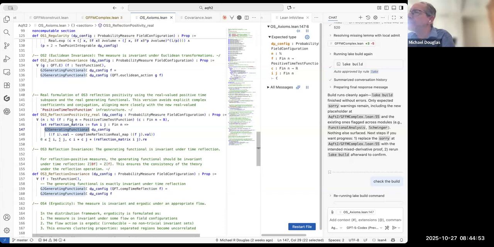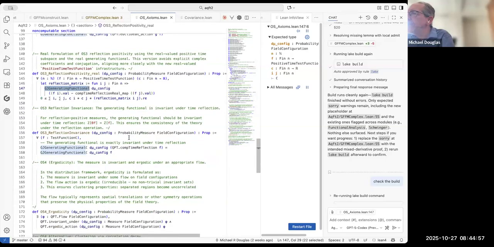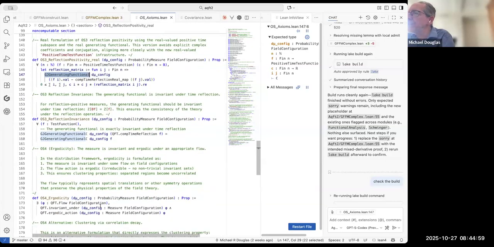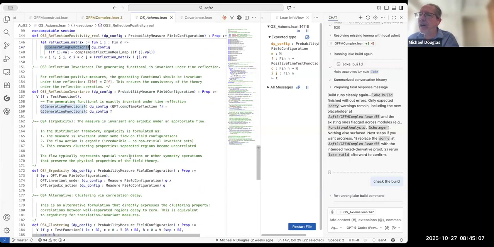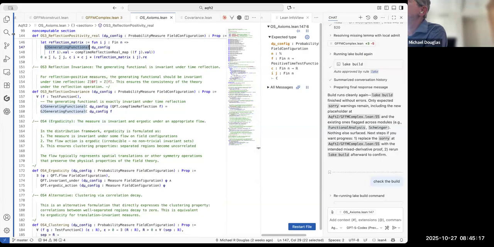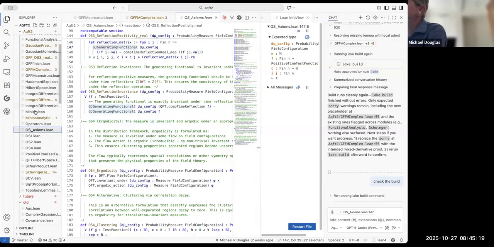Reflection positivity for real test functions is what I put on the slide. And then this is the statement of ergodicity, but we're going to turn that into a statement involving cluster decomposition at some point. So we have not yet proven that one, but we've proven all the others up to some intermediate results, which we think are pretty obviously true, but they're taken as axioms. And so let's look at some example of that.